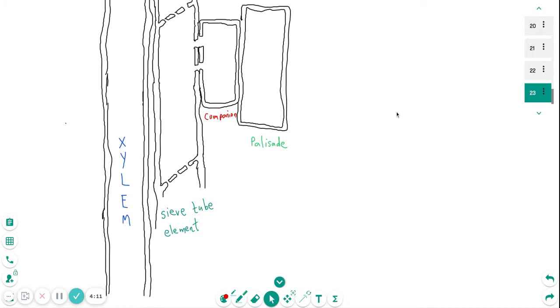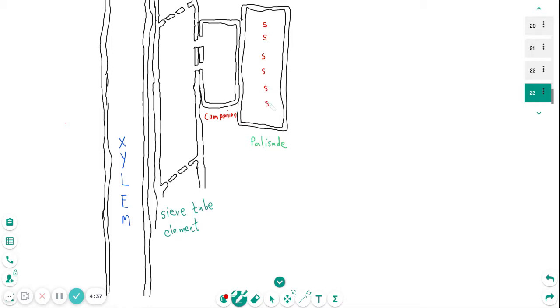Right, we need to understand how this is done. So we've got quite a few different players here to discuss. We've got the palisade cell, the companion cell, sieve tube element, and the xylem. Right, so let's start off with the palisade cell. As it's undergoing photosynthesis, it's producing sucrose, just the letter S for sucrose.